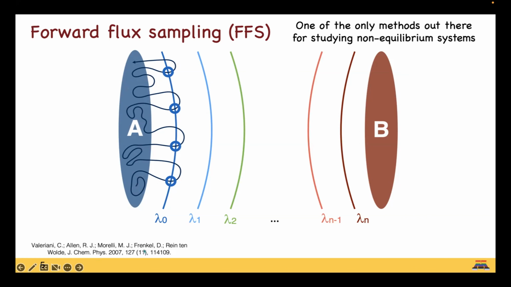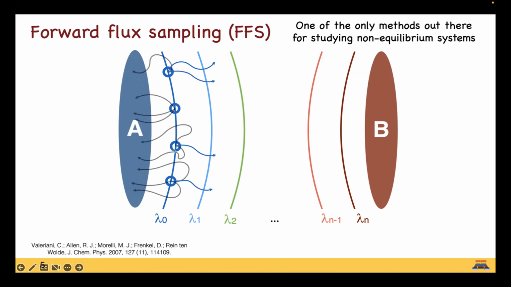And then from these configurations, what you do in forward flux sampling is shoot many different simulations. When we say shoot many different simulations, in the case of MD, you take the point, randomize the velocity, and run a simulation. And you'll do this for every configuration point n number of times. What you'll observe is most of the trajectories go back to A, and some will move forward to the next interface.